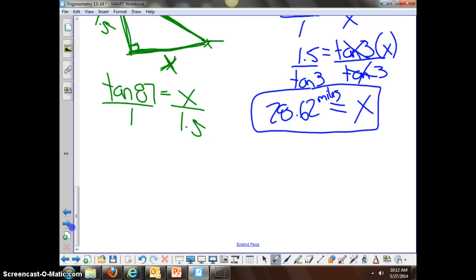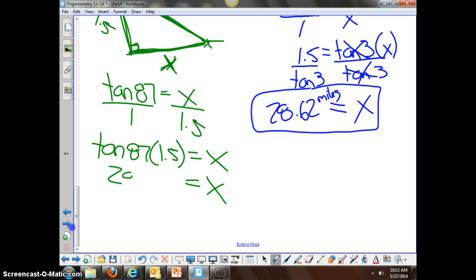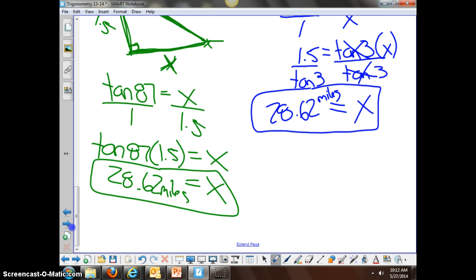Solve, Catherine. Multiply tan of 87 times 1.5 equals x. And what do you get? 28.62. Same? Yeah. Woohoo! Got it. Makes sense.